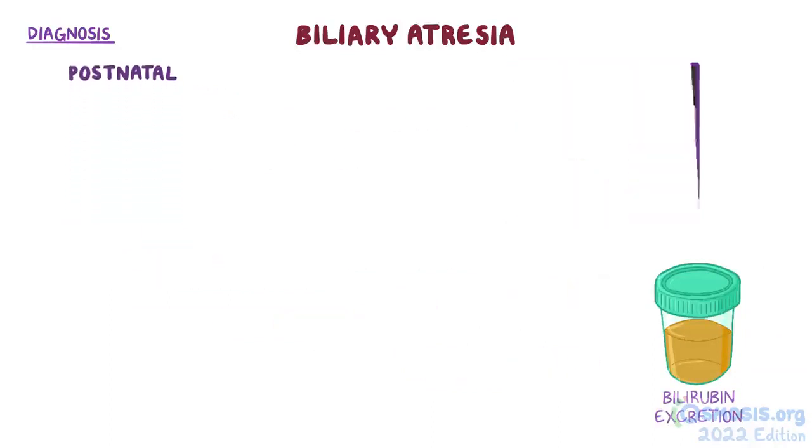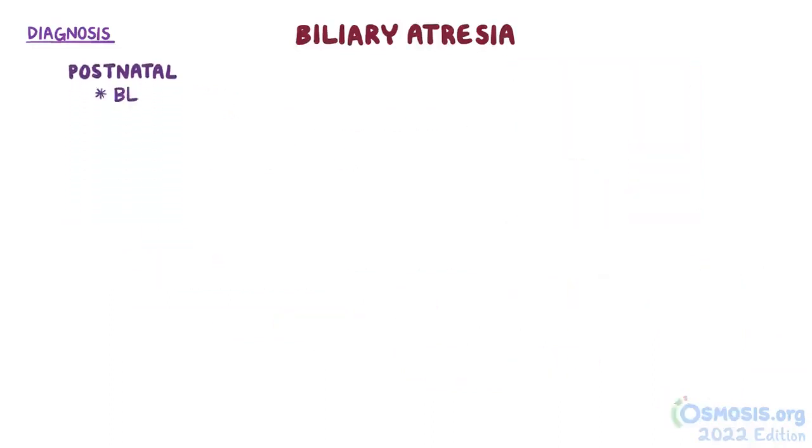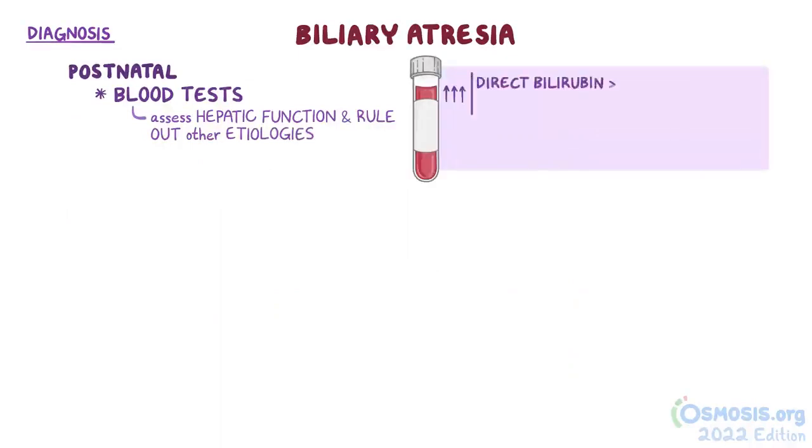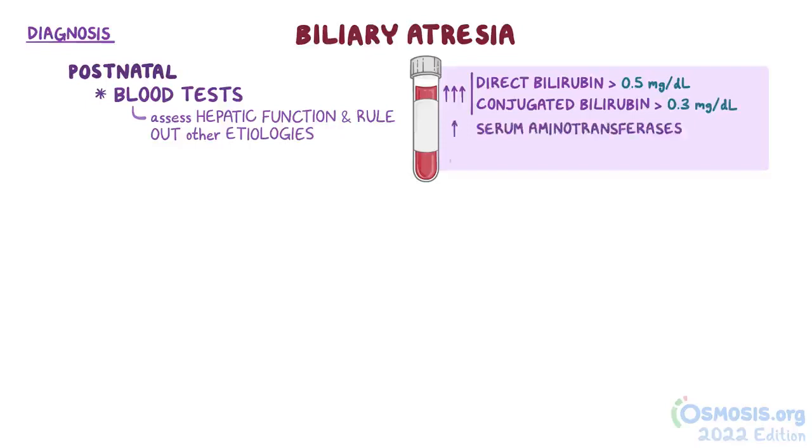Next, laboratory evaluation begins with blood tests to assess hepatic function and rule out other etiologies. Usual findings include elevations in direct bilirubin, more than 0.5 milligrams per deciliter, conjugated bilirubin, 0.3 milligrams per deciliter, and mild elevations in serum aminotransferases, with a disproportionate increase in gamma glutamyl transpeptidase levels.